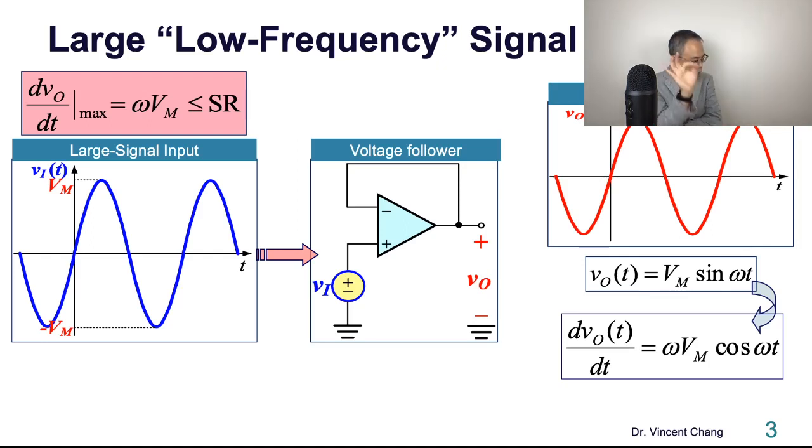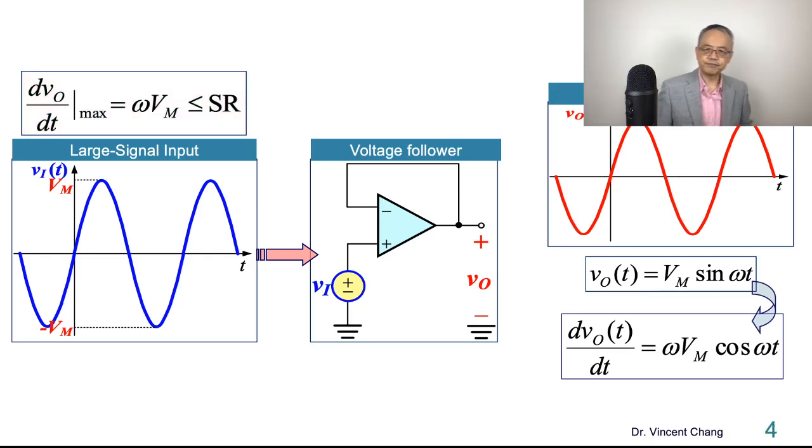We want to ensure that in that condition, it still doesn't violate the slew rate limitation, because there's a limitation when a large signal is present. The takeaway of the previous lesson tells us the maximum rate of change when the large signal is present is the slew rate.